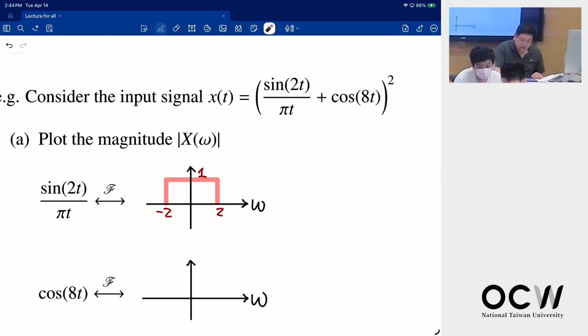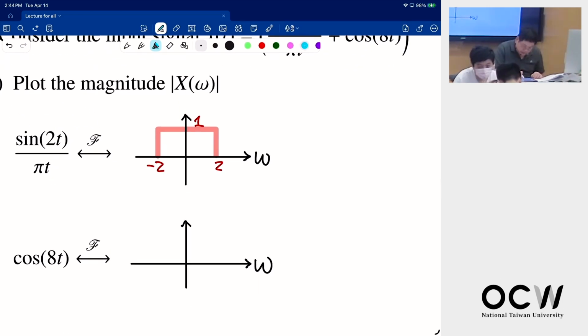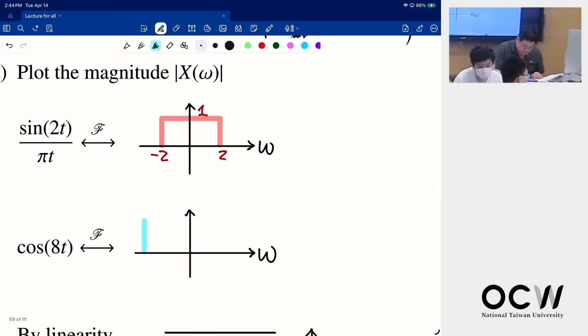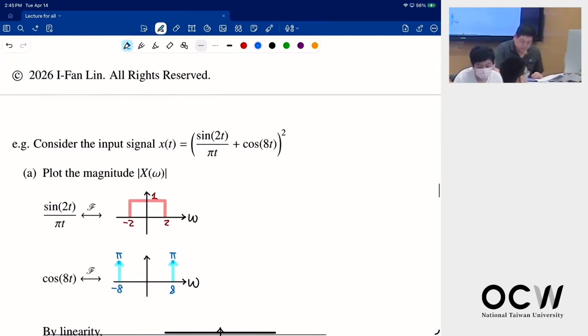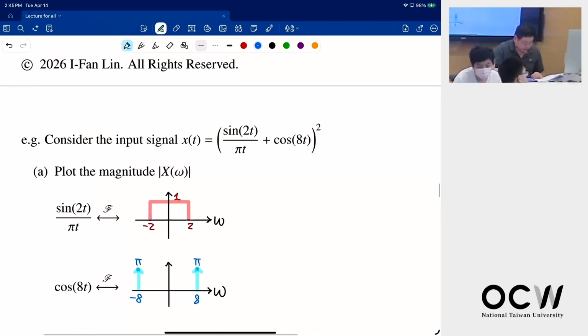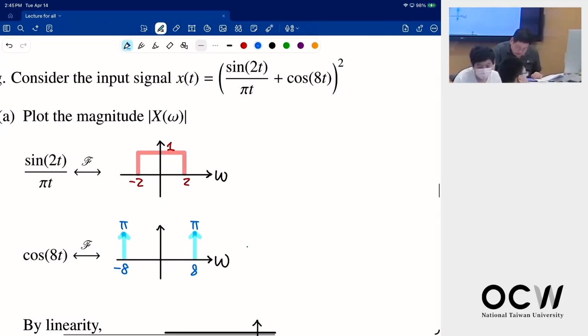I will get maybe this, -8 and 8. Magnitude, the height is pi. That's right here. So cosine 8t.